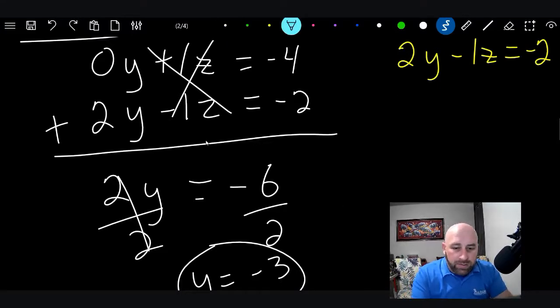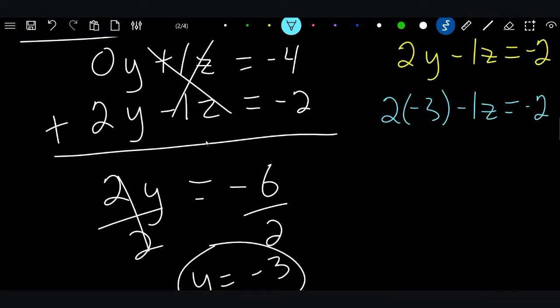So 2 times negative 3 minus 1z equals negative 2. 2 times negative 3 is negative 6. Minus z, I'll get rid of that 1 now, equals negative 2. We're going to add 6 to both sides.